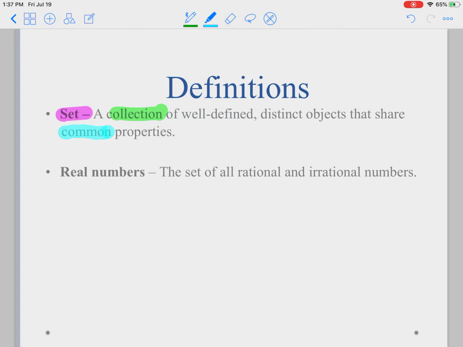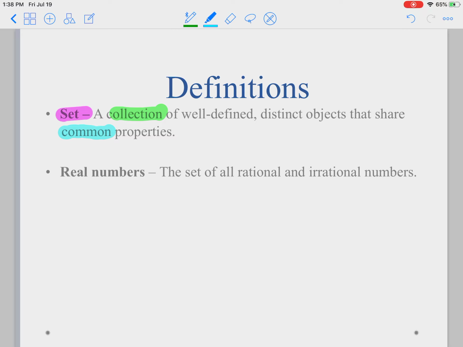It's important, common properties. Now, most of us are probably familiar with collecting. Maybe you collected baseball cards. Maybe you collected figurines. Maybe you collected something else. Video games. It doesn't matter. Music. You could collect any amount of things.